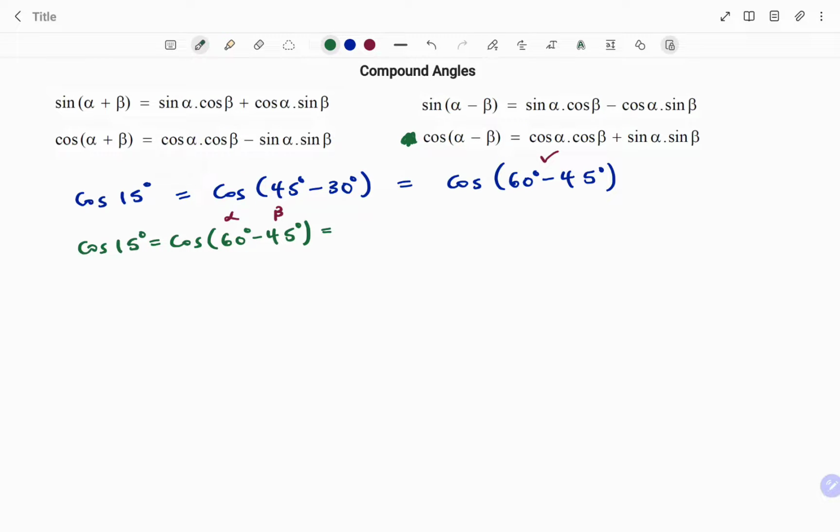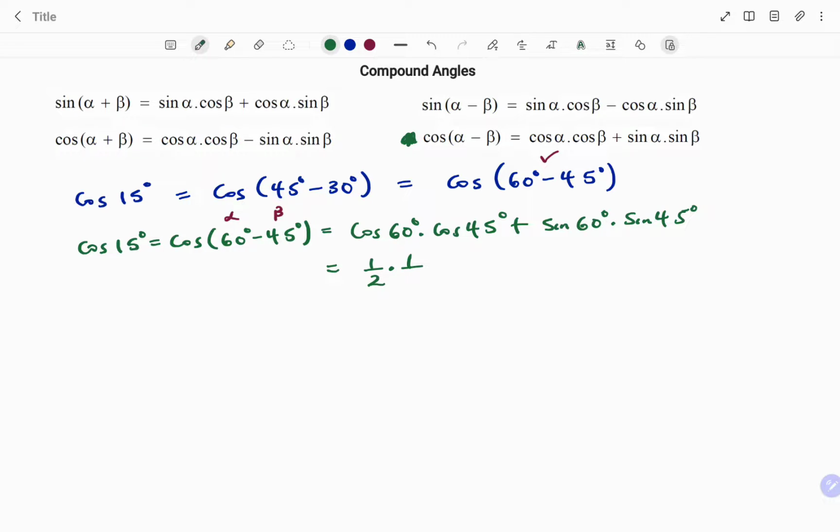So therefore, I have that as cos alpha, which is cos 60, multiplying cos beta, cos 45, plus sine alpha, sine 60, multiplying sine 45 degrees.